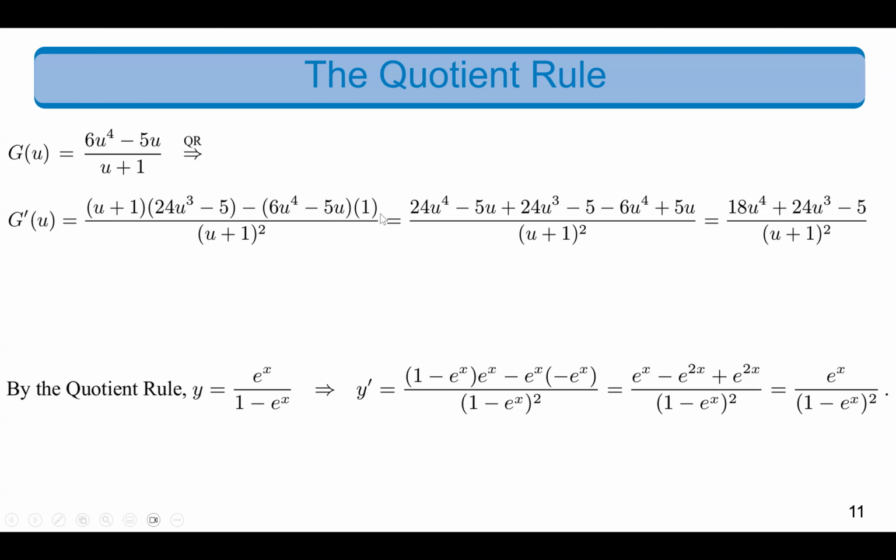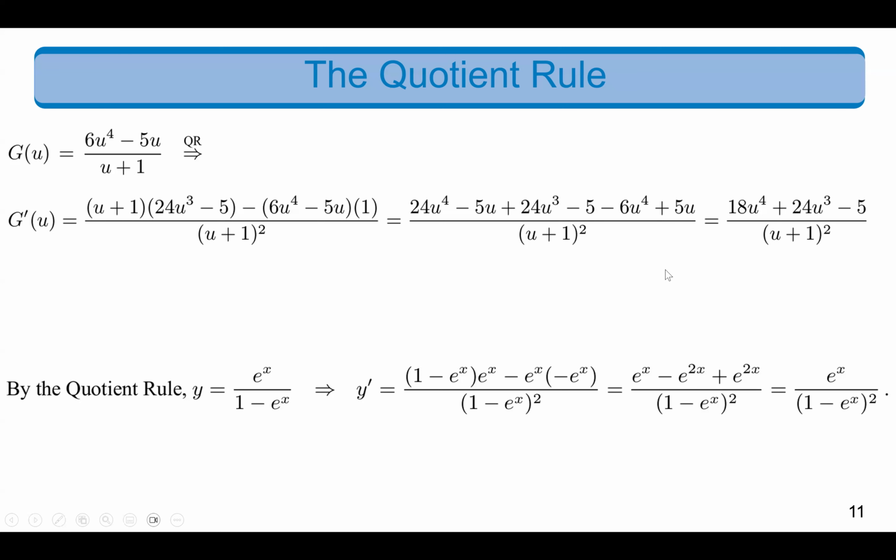So again, the derivative of the numerator first times the denominator minus the derivative of the denominator times the numerator, all over the denominator squared. Here we open the brackets and we get 24u to the power 4 minus 5u plus 24u cubed minus 5 minus 6u to the power 4 plus 5u, all over u plus 1 all squared.